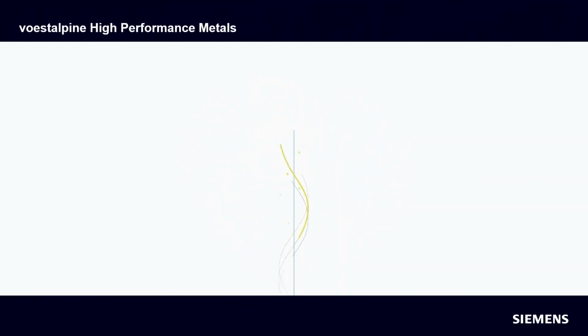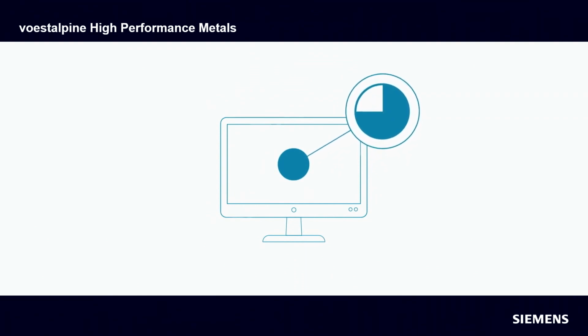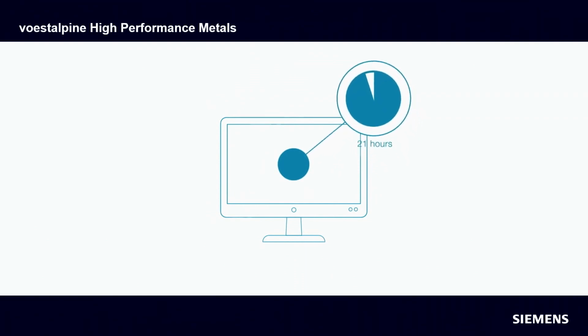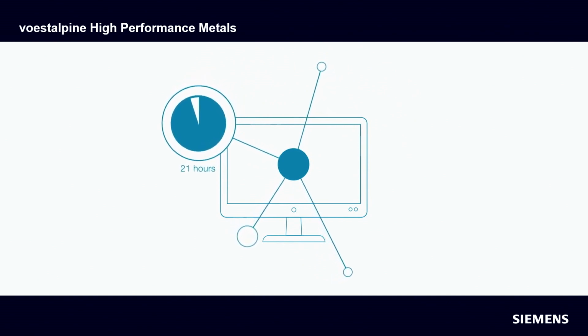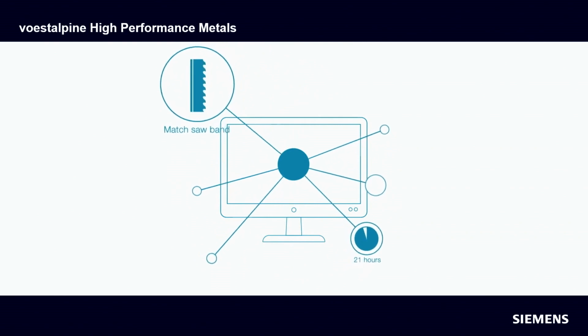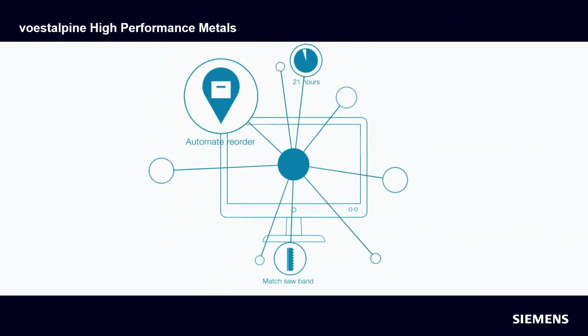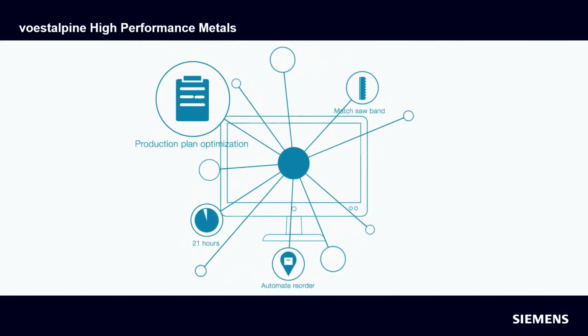Collecting and analyzing this data can tell us a diverse range of things. For instance, that the saw blade will rupture in 21 hours, time enough to foresee a planned exchange of the saw blade. Beyond that, it enables us to determine the most fitting blade type for a specific order, the automatic reordering of the blade, the optimization of the production plan in order to increase the output, and much more.